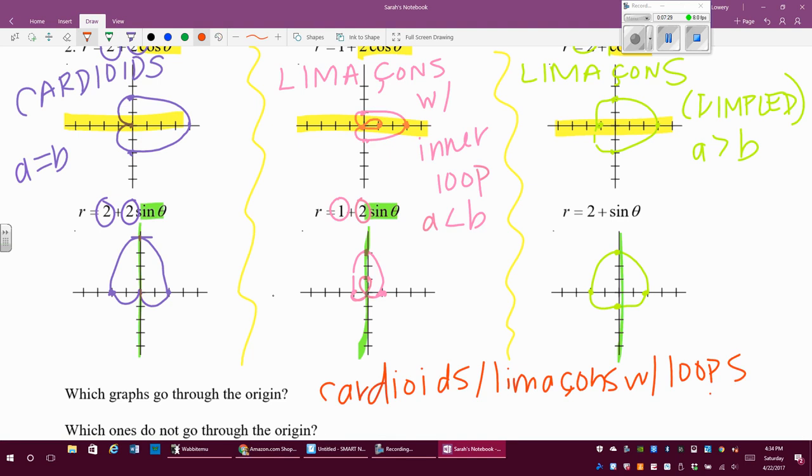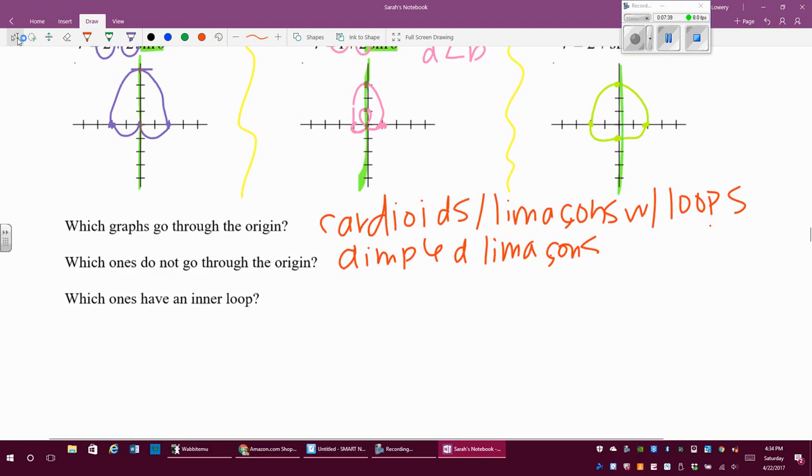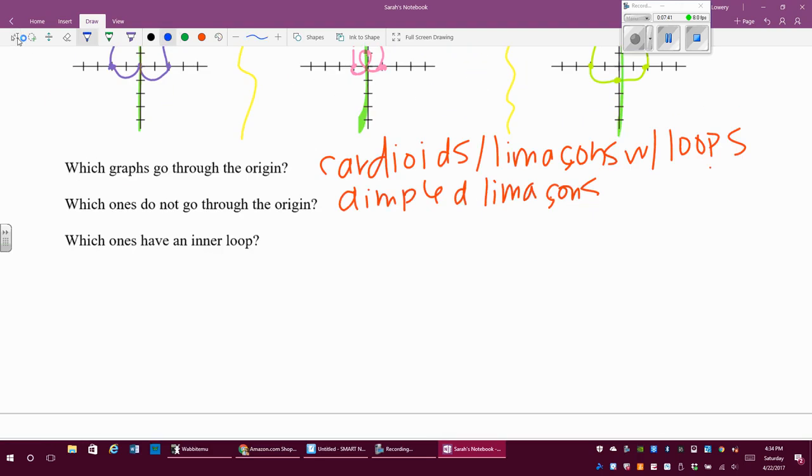The ones that did not were my dimpled limacons. The only ones that have inner loops are when your B value is bigger than your A value.